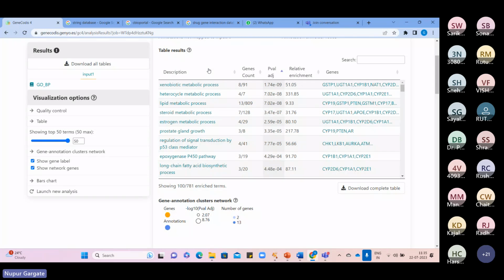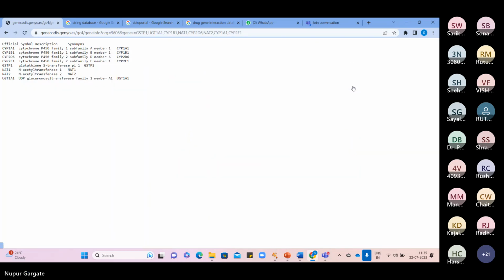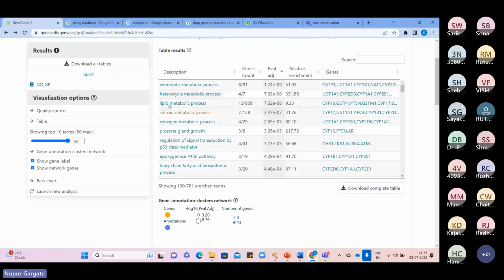When we click here, we obtain all the genes one below the other here, and we have to copy and paste these genes so that we can analyze them using KEGG again. So for example, in xenobiotic metabolic process, these are the genes which play a role. In heterocyclic metabolic process, these are the genes which play a role, and so on.